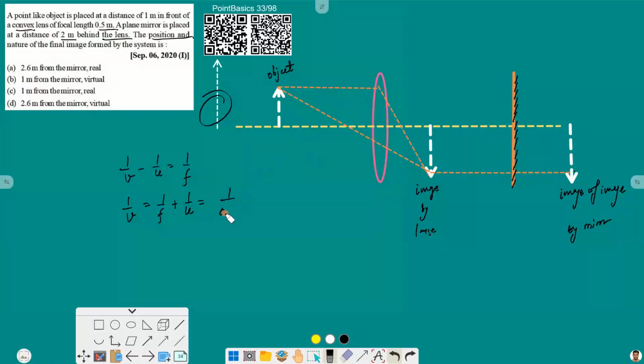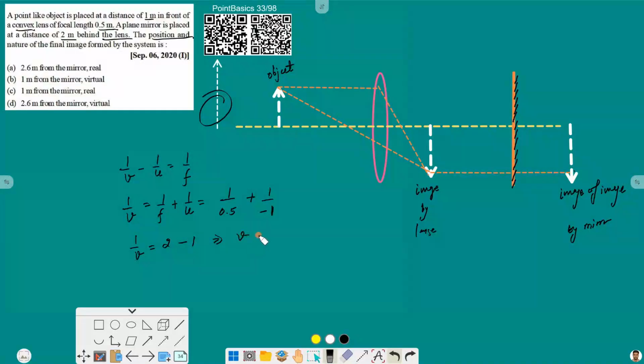So it will be 1 by 0.5 plus 1 by u, where the value of u is 1. U will be negative here because the object is on this side, so it is minus 1. So 1 by v is equal to 2 minus 1.